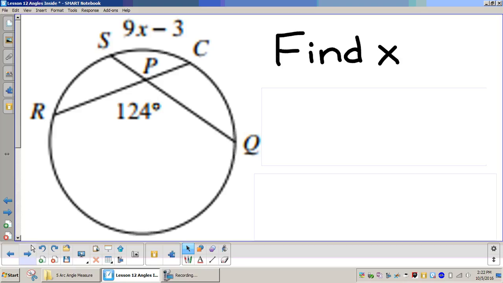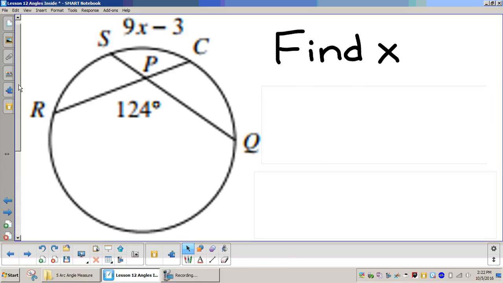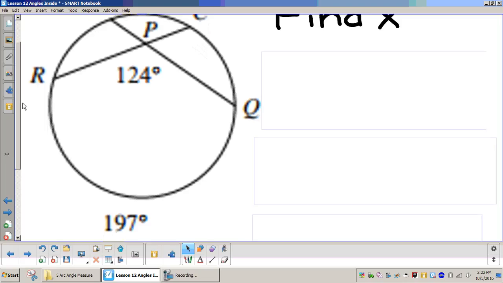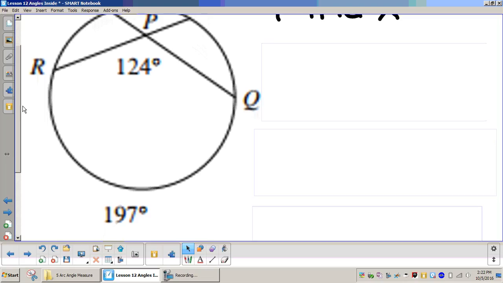So pause right now and I want you to try this one. I'll scroll down so that you can see the whole picture. I have one arc that's 9x minus 3. The angle is 124. And the other arc is 197.